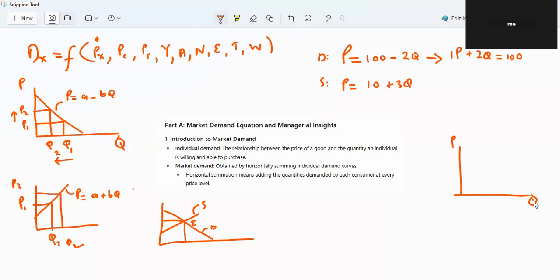We want to calculate the intercepts. When there's no number, we imagine there's an invisible 1. So 1 into 100, you get 100 there. Then 2 into 100 is 50. So if we're going to sketch the demand function, it will cut the P at 100, and the Q at 50.